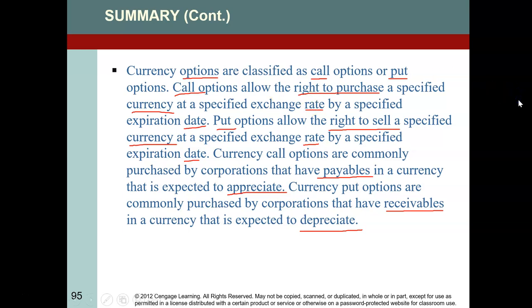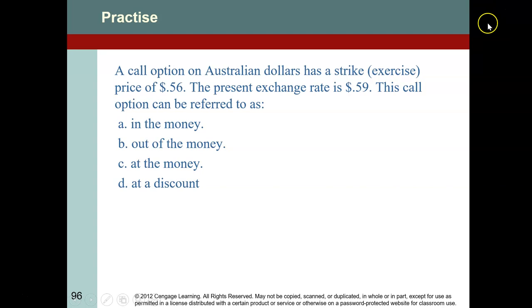Okay, so let's look at a practice problem here. A call option on Australian dollars has a strike price of 0.56. The present exchange rate is 0.59. This call option can be referred to as... okay, so we know the spot rate is 0.59.